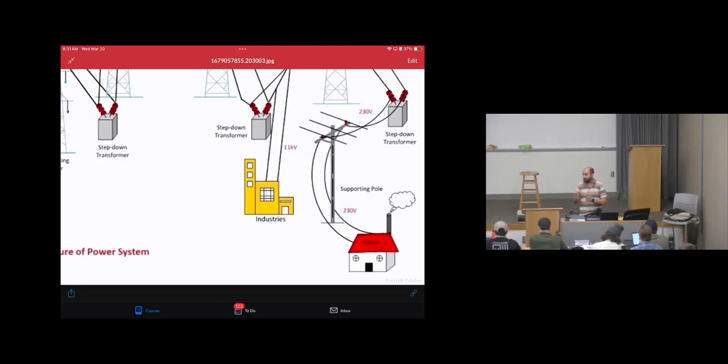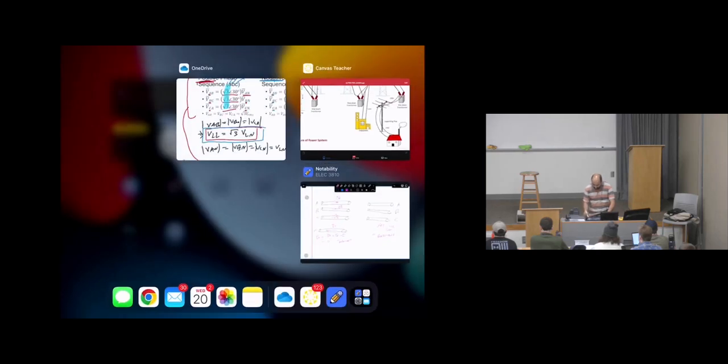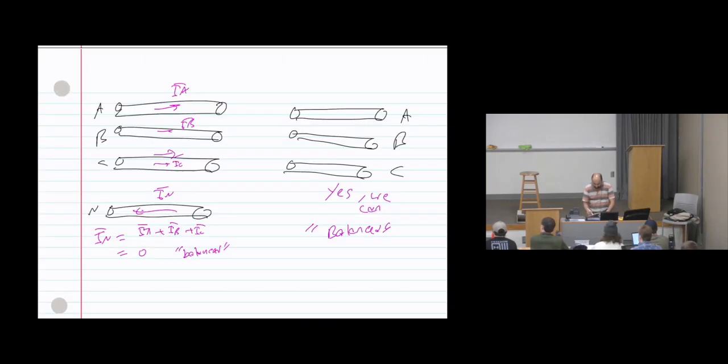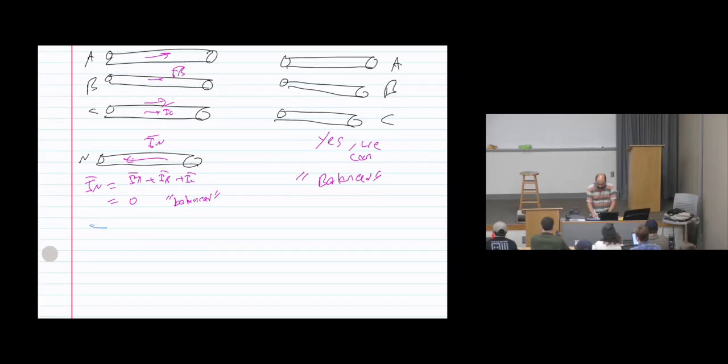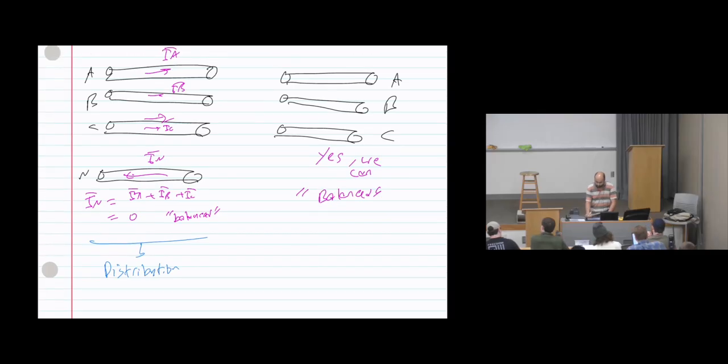So definitely, in the distribution area, the neutral is a must, because there are scenarios where it might be unbalanced. In other words, we will use the neutral system most likely for the distribution area, while we will avoid using the neutral in transmission.